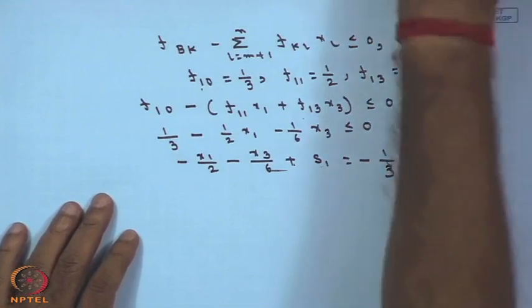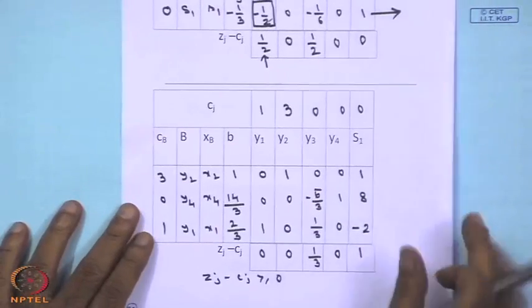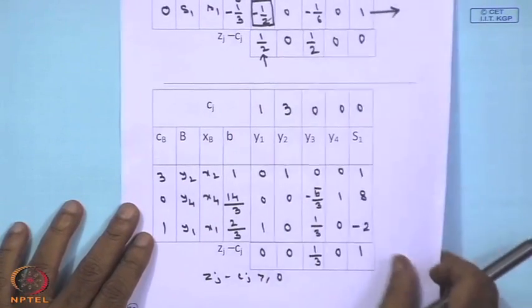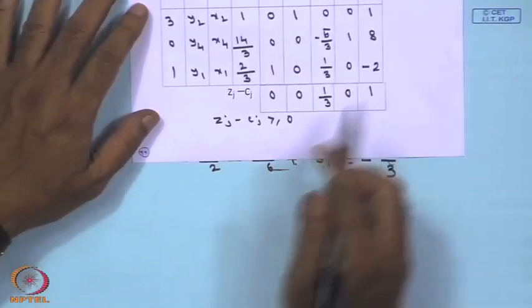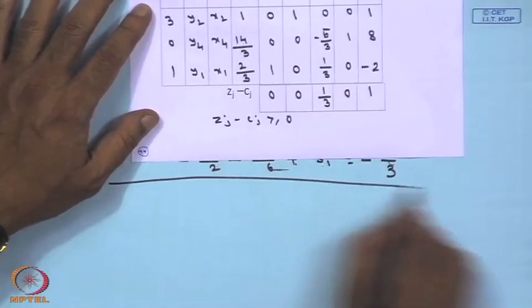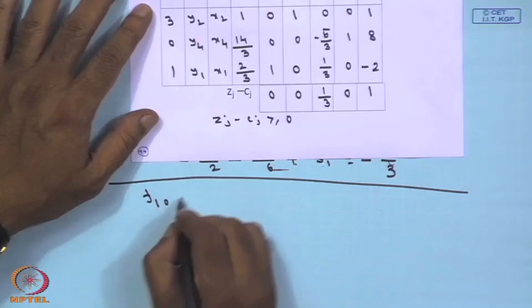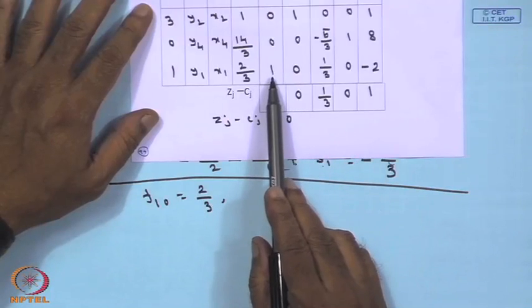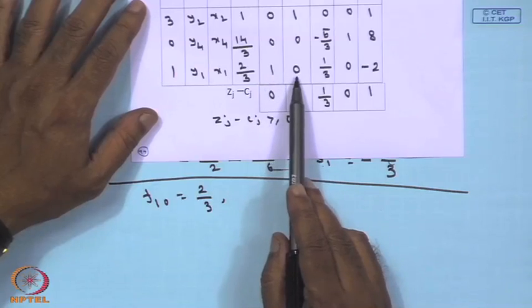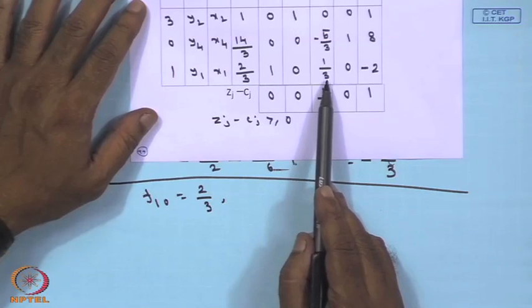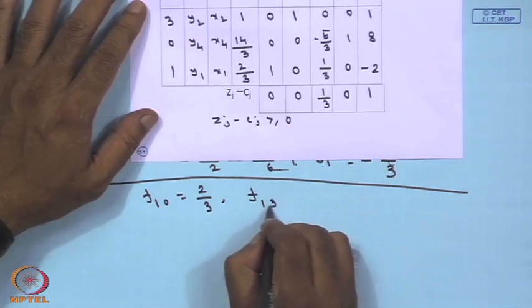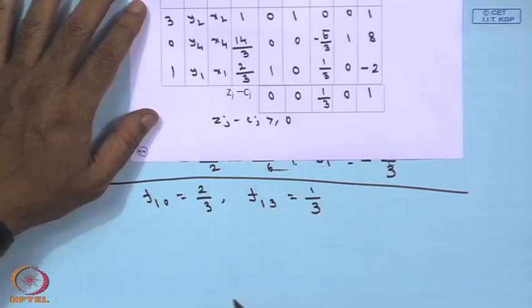So, for x1 what is happening then? If you take x1, then f10 is 2 by 3. Then this will not come, because this is integer, corresponding to y1 no contribution, corresponding to y2 no contribution, corresponding to y3 there will be contribution, and that is f13, the fractional part is 1 by 3.